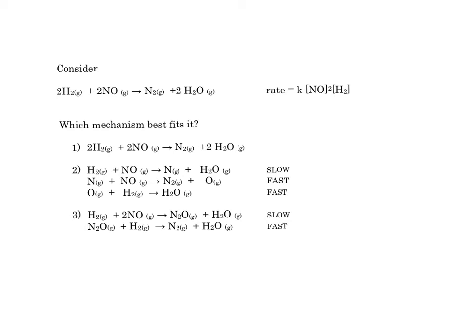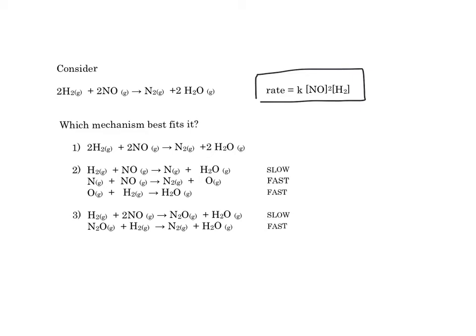Okay, so consider this reaction. We've got 2 molecules of hydrogen gas, 2 molecules of nitrogen monoxide gas. So that's 4 molecules that have to line up, correct orientation, correct speed, correct energy in order to make this reaction go. So it probably won't occur in one step. We know that the rate law expression is second order with respect to nitrogen monoxide, but it's only first order with respect to hydrogen.